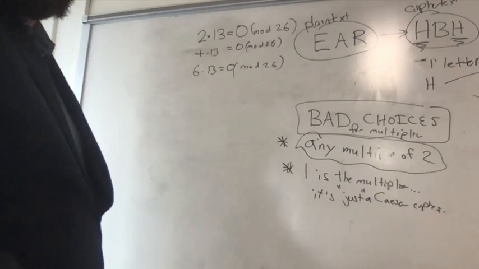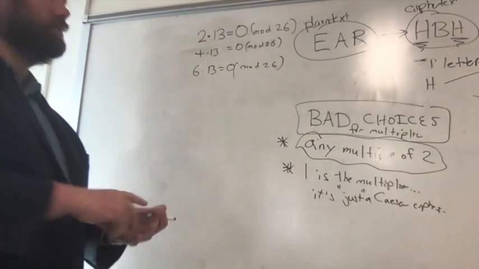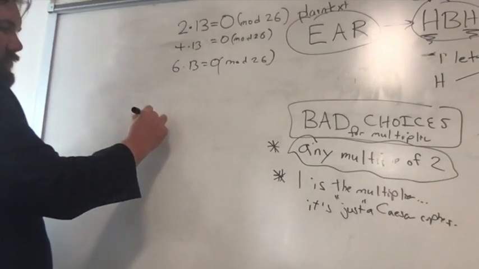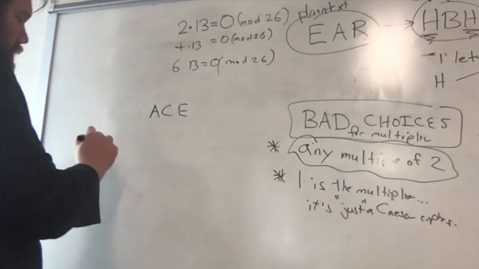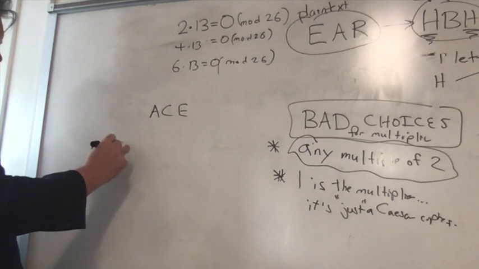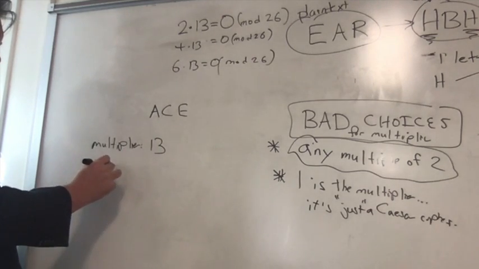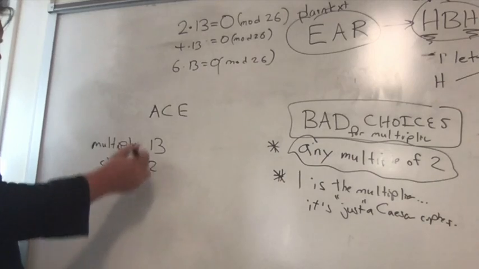Because there, if you have things that are 2 letters apart, like you can look at this quick message, A, C, E, and you pick your multiplier, 13, and your shift can be whatever, 2.